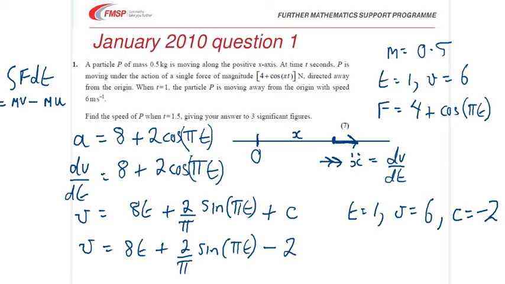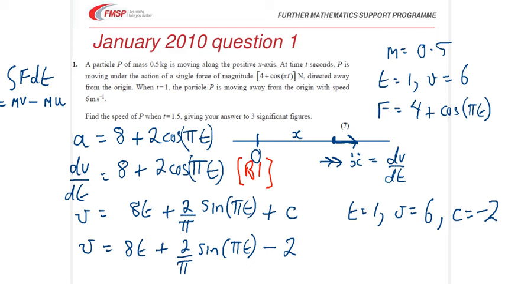Now as far as the marks are concerned, the mark allocation for this question. We've got a mark for stating the acceleration in the form dv by dt, so B1 there. This is the method that the mark scheme used, but obviously they would have given marks for the impulse method as well.